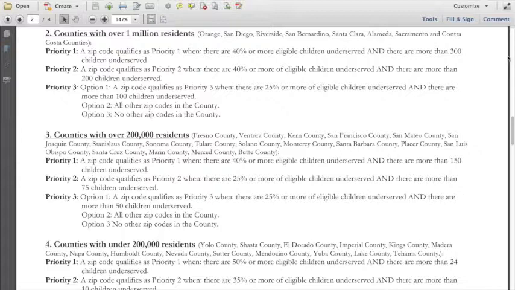Priority 2 moves to 25% unserved and 75% of actual child count unserved. So for each county size, there is this breakdown. So it's both a combination of the number of kids that seem to be the gap between your spaces and your demand, and the percentage.